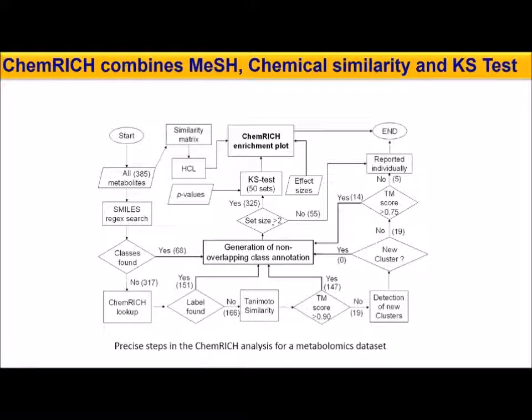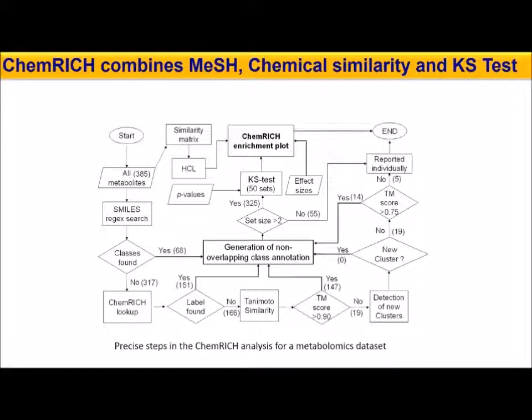And after that, to calculate the KS test, sets having more than 2 compounds, so at least 3 compounds, will be included in the KS test. And all the metabolites are fed into a similarity matrix, which is used to calculate a hierarchical clustering tree, and the order of that tree is used for calculating the x-axis in the enrichment impact plot.